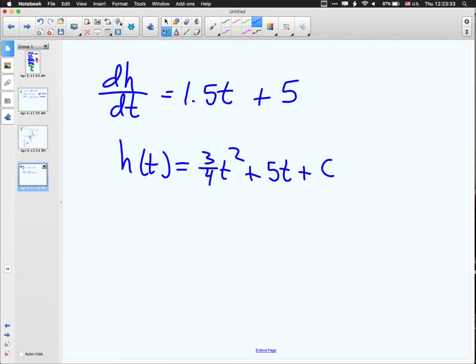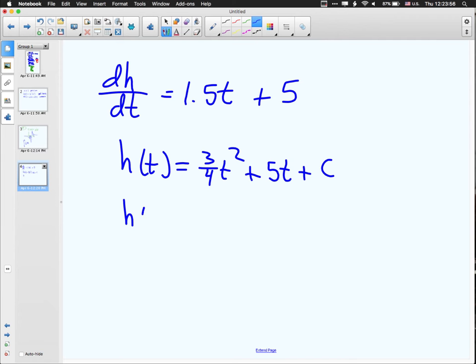Cosine of 0 is 1. So you've got to watch out. You can't just randomly say, oh, it's a starting condition. It works for polynomials, but there are other things it doesn't work for. So just go ahead and plug it in. But in this case, h of 0 is just C, and we're told it's also 12.